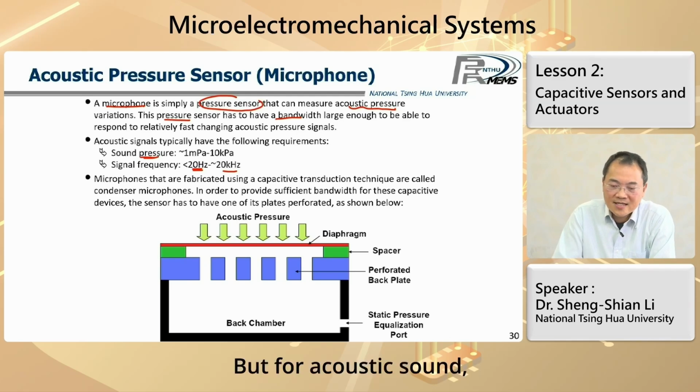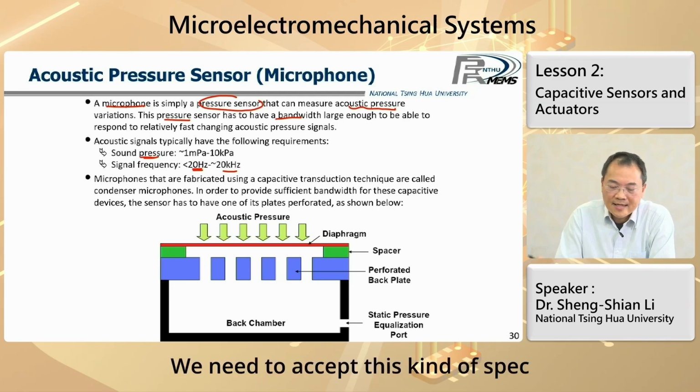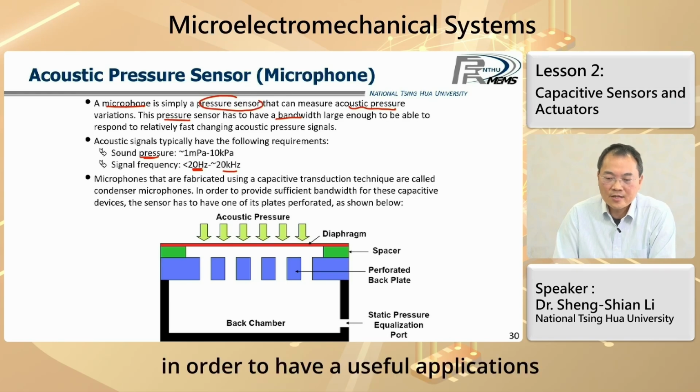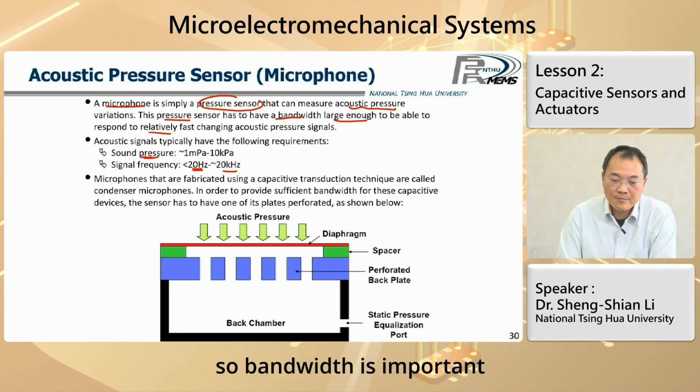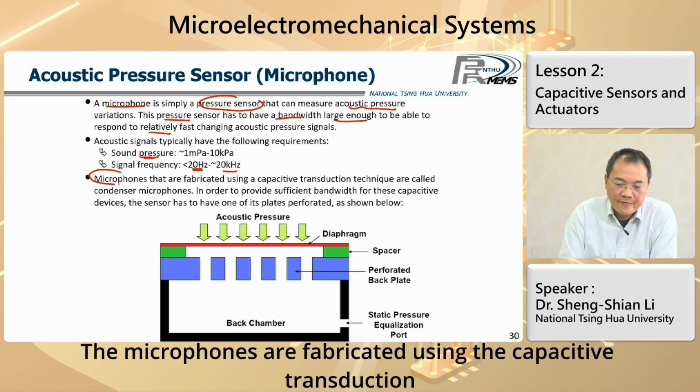But for acoustic sound, we need to set this kind of spec in order to have useful applications. So the bandwidth needs to be large enough to respond to relatively fast changing acoustic pressure. So bandwidth is important.